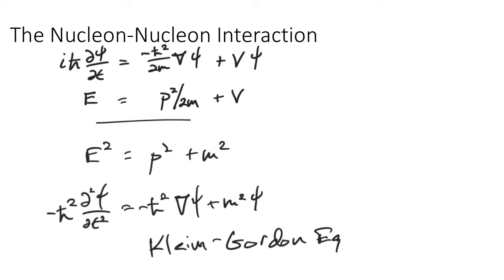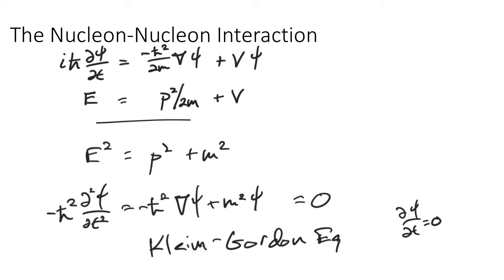Now, if we look for solutions to this equation that are static, so in fact, let's set this equal to 0, because if we have d psi dt equal to 0, we want static solutions to this. We can try to see what happens in this case.